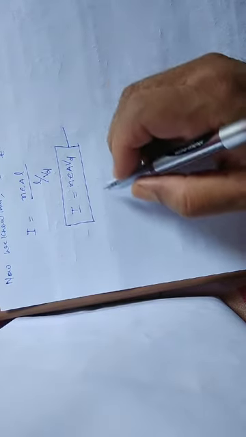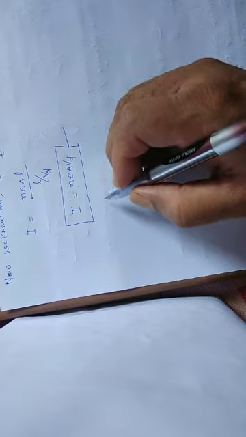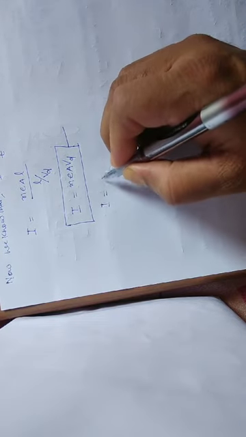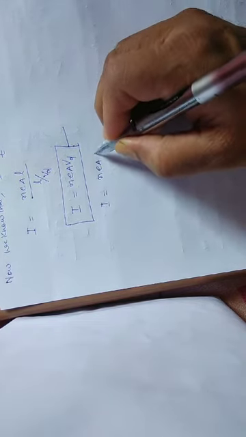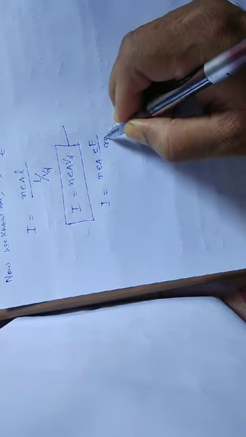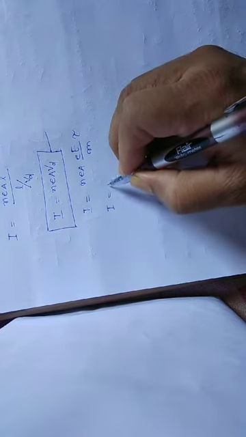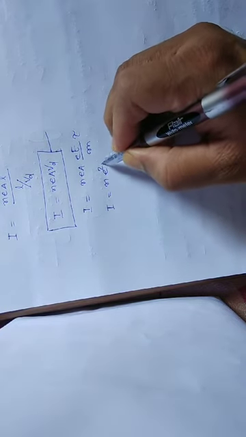Now let us put the value of Vd. So I is equal to n e A Vd, where Vd = e E by m into tau. This gives you I is equal to n e square A E tau by m.